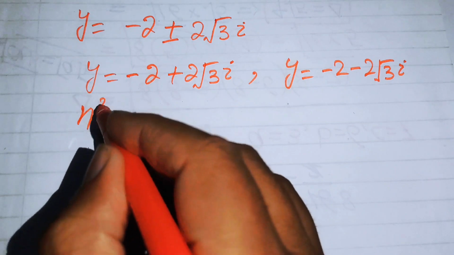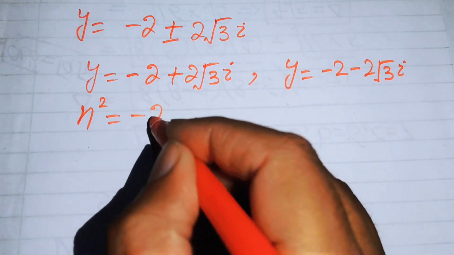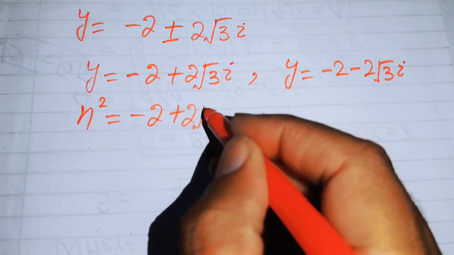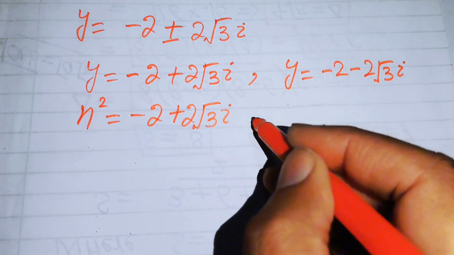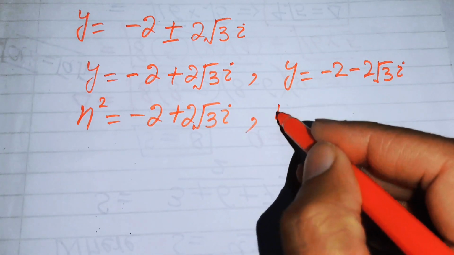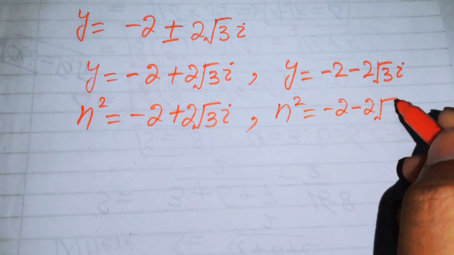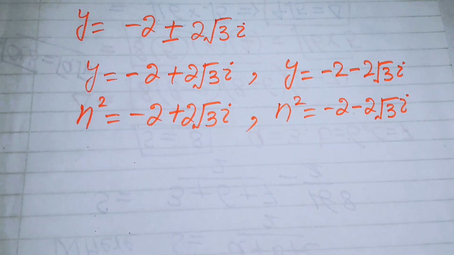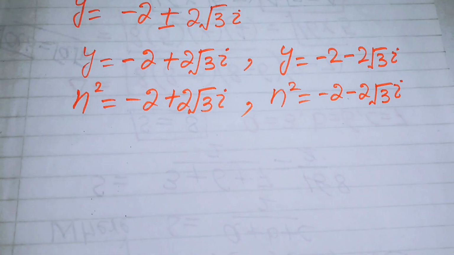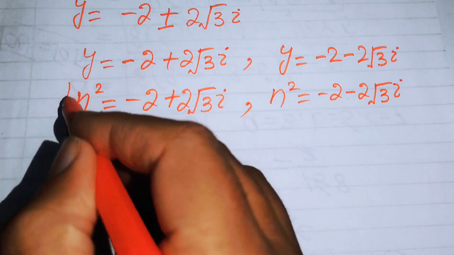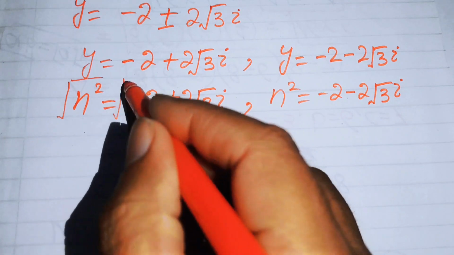So now we put the value of n squared here, and you get n squared equals minus 2 plus 2 times square root of 3 iota, and n squared equals minus 2 minus 2 times square root 3 iota. And now we take the square root on both sides.